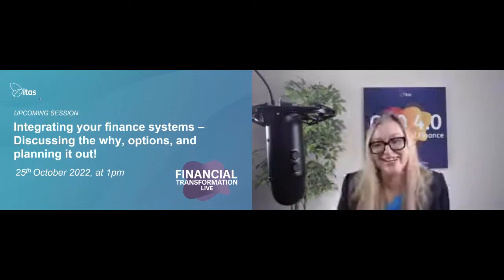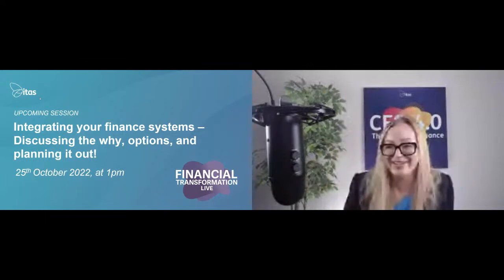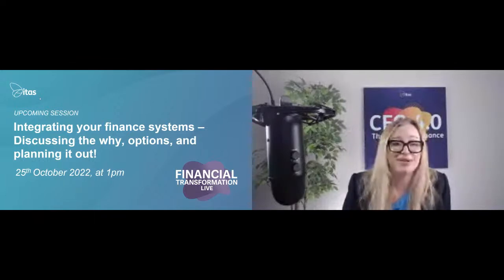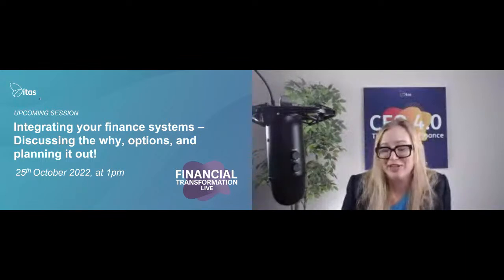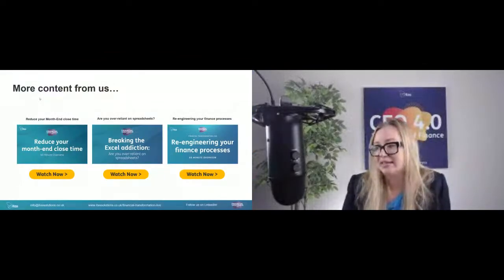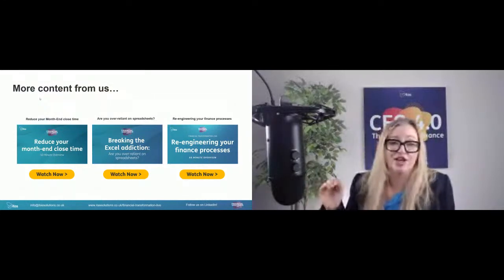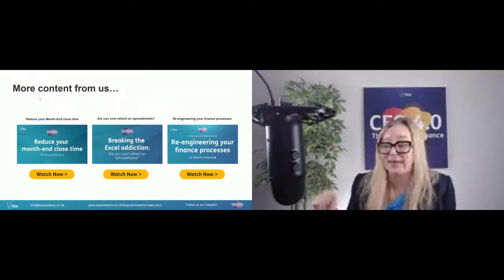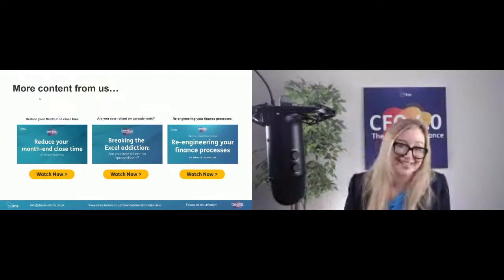I probably should be trying to keep it simple, but I'm really hoping you found this session useful. So some major content, some research. Just a reminder to everybody, we've got those three previous Financial Transformation Live sessions: reducing your month-end close, breaking the Excel addiction, and this one is the re-engineering. So just remember, we've got both the getting started with process mapping and also the process re-engineering session.